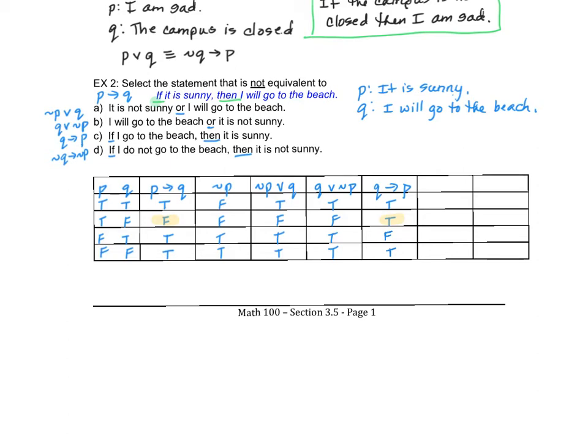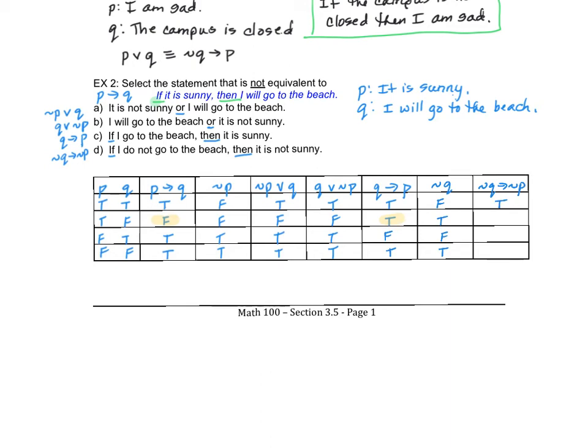I'm going to need a not Q first. So Q is true, false, true, false. Not Q is false, true, false, true. If not Q, then not P. So this is true because we're going false to false.